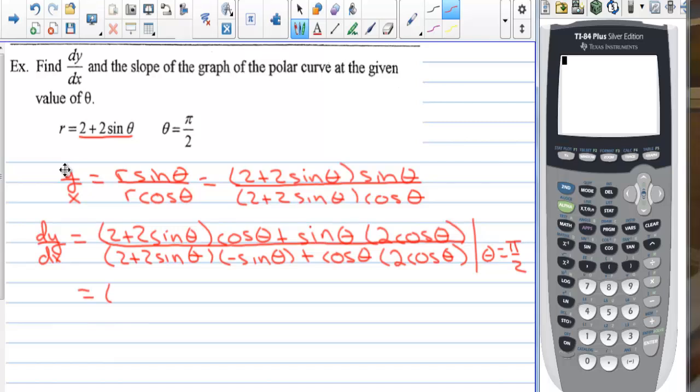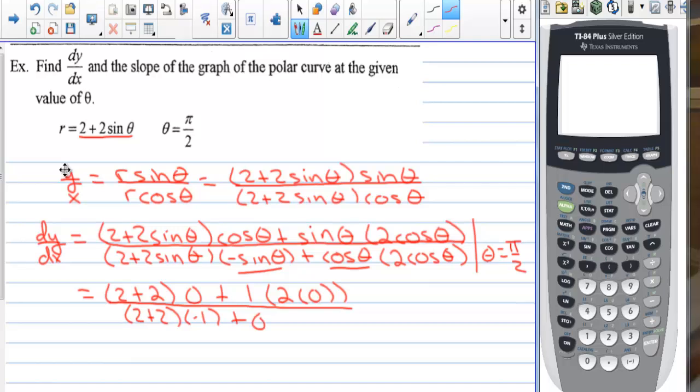And that's equal to 2 plus, let's see, the sine of pi over 2 is 1, so that'll be 2. Cosine of pi over 2 is 0. Sine of pi over 2 is 1, and then 2 times 0. All over 2 plus 2 sine of pi over 2, which is 1, so 2 plus 2, and then negative sine of theta is negative 1, plus cosine of pi over 2 is 0, and then 2 times 0.